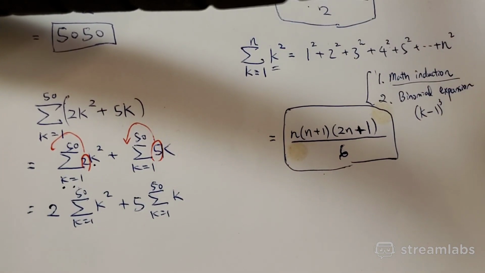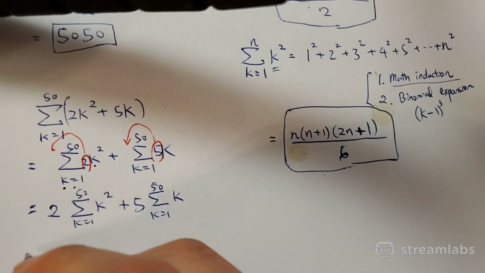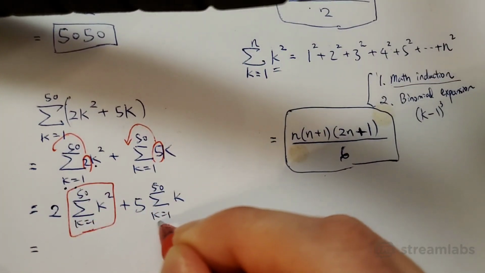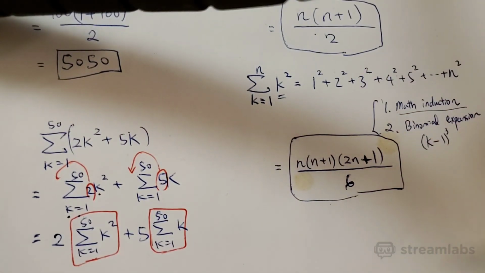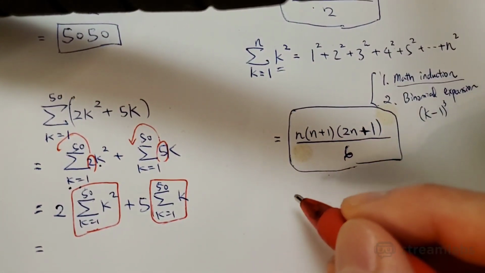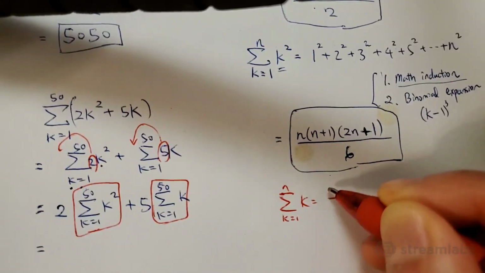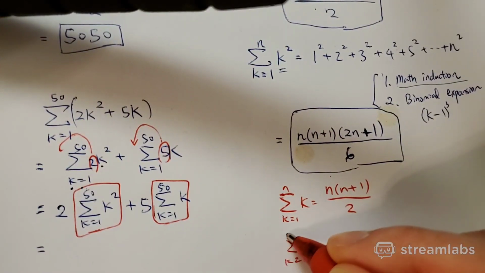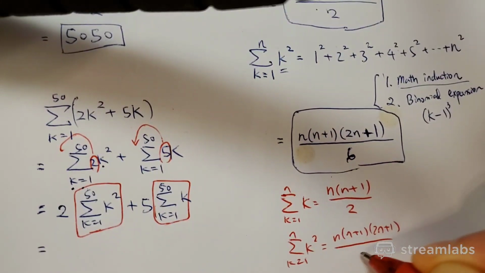Okay? And then now, hey, I'm familiar with these two expressions. Why? Because we have formulas for them, right? Let me rewrite them at the bottom so you remember what they look like. Sigma k from 1 to n of k is n times n plus 1 over 2. Sigma k from 1 to n of k squared is n times n plus 1 times 2n plus 1 over 6.